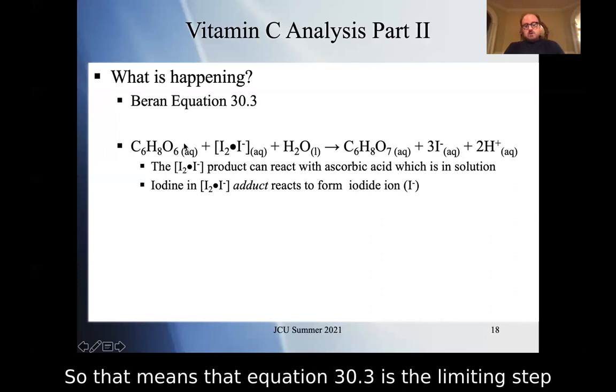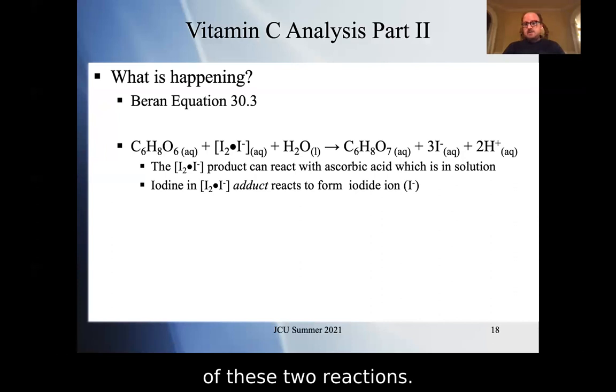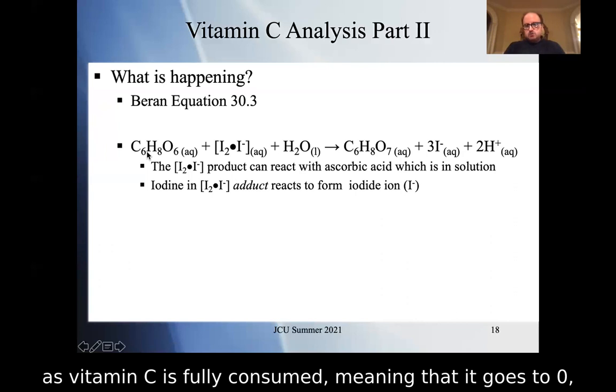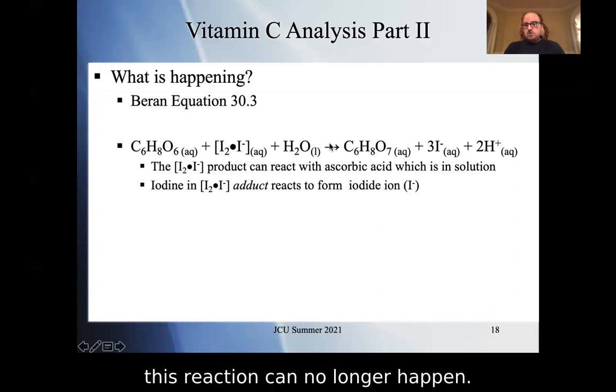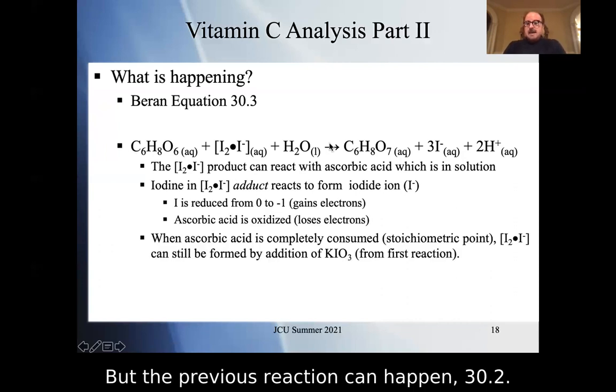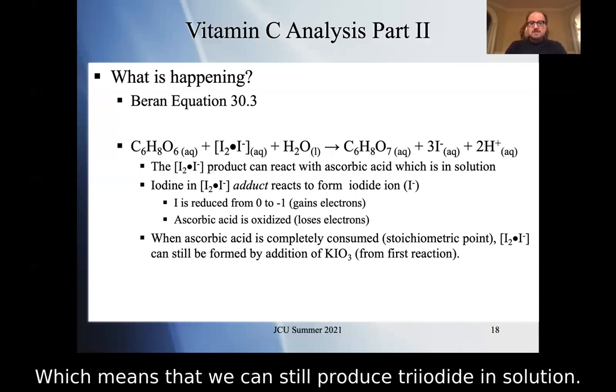So that means that equation 30.3 is the limiting step of these two reactions. And as soon as vitamin C is fully consumed, meaning that it goes to zero, this reaction can no longer happen. But the previous reaction can happen, right, 30.2.